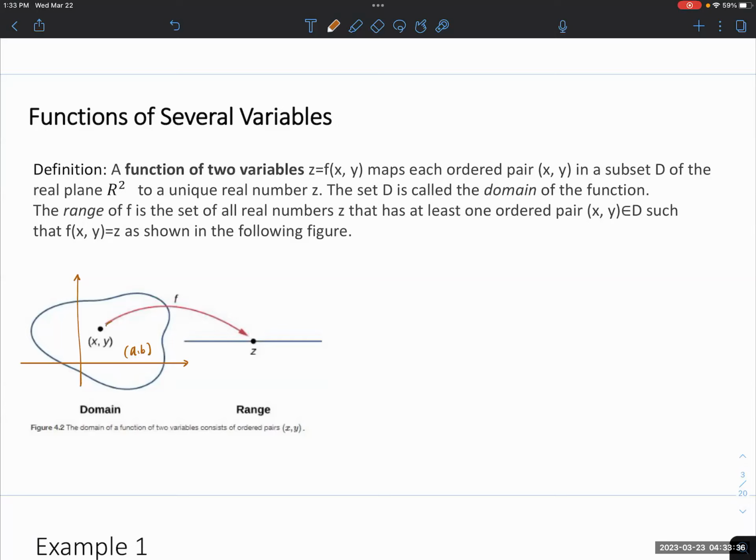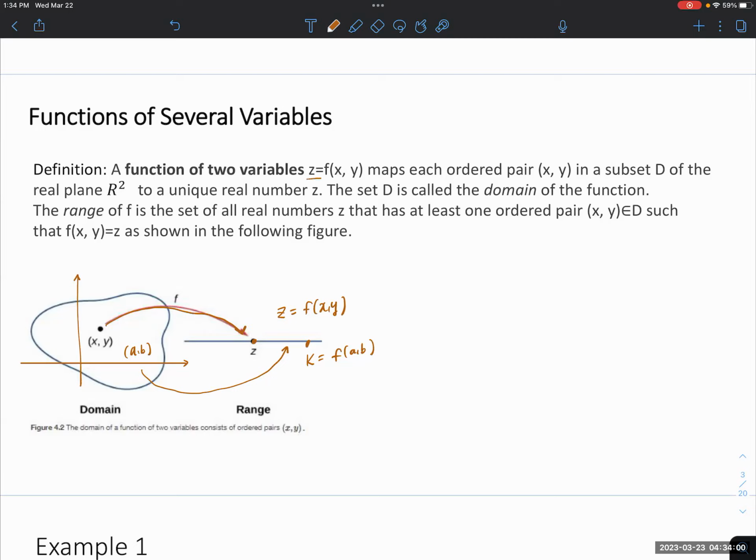I'm going to correspond it to another point. And now what does it mean? z is going to be a function of two variables. Or you can say you have a comma b, this point will correspond to another k equal to f of a comma b. So we call this a function of two variables.